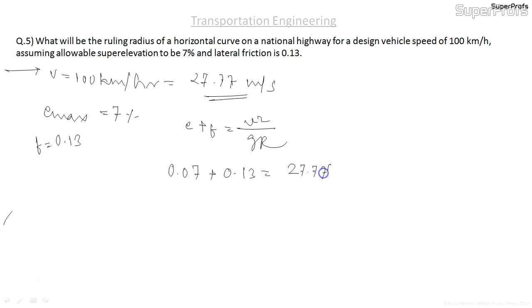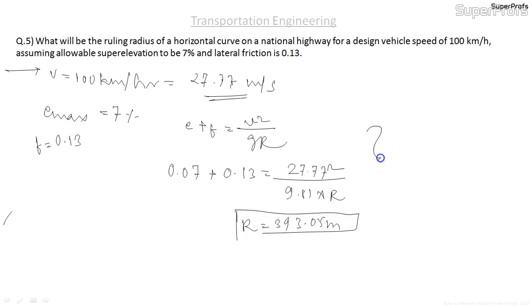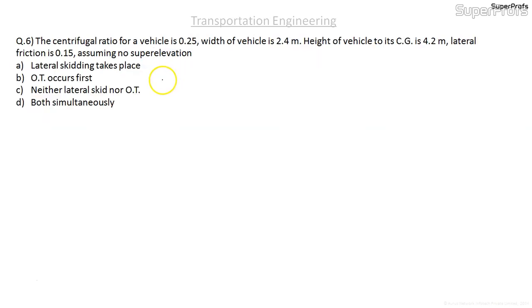V is 27.77 square, G is 9.81 into R gives R equal to 393.05 meters. Very simple question, but it is very frequently asked, the question on the ruling radius of horizontal curve. Okay guys, I've seen this question many times in entrance exams, in the competitive exams.